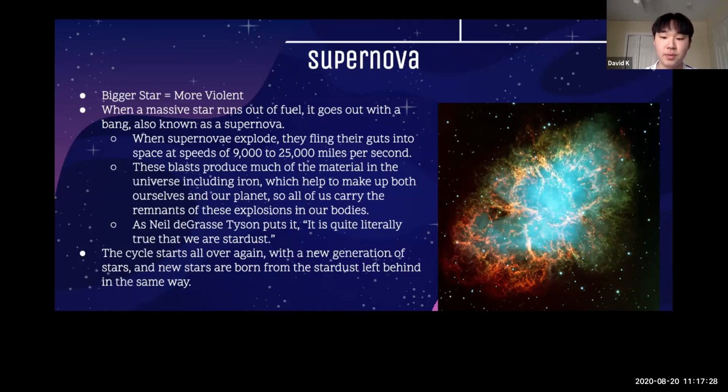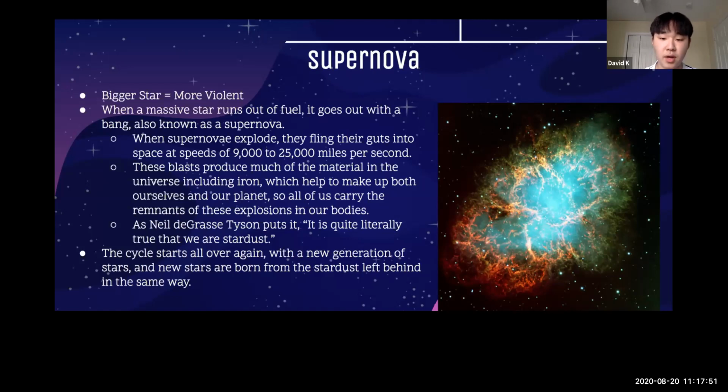These blasts produce and release iron into the universe, which helps make both ourselves and the planet, because as you know, we have iron inside ourselves. So technically, as Neil Tyson puts it, we are made of stardust in a way.